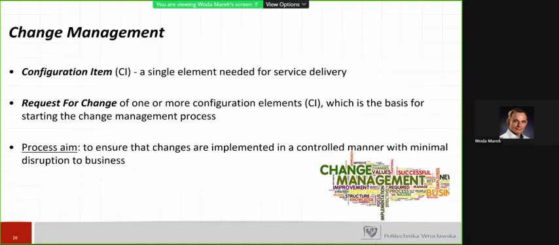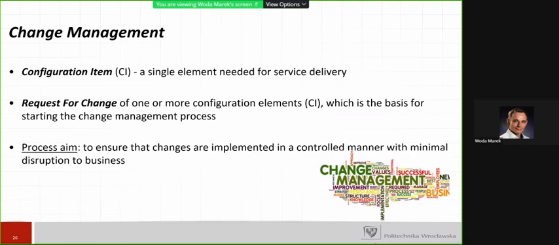Okay, and going to the request for change. A request for change always encompasses one or more configuration items. So for example, if you request to change your old, dated laptop, that will be part of that request, including the information about your old equipment and what you would like to get new from the structure list, usually.